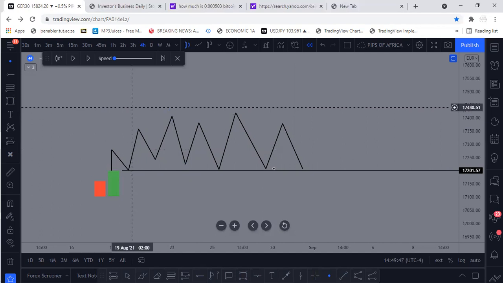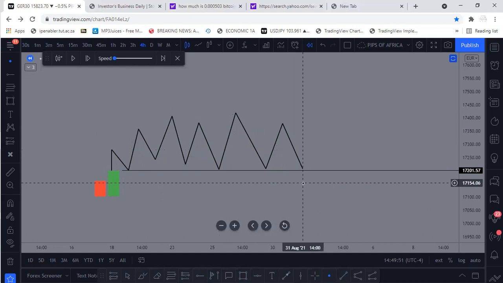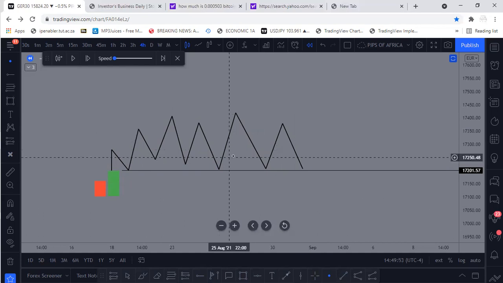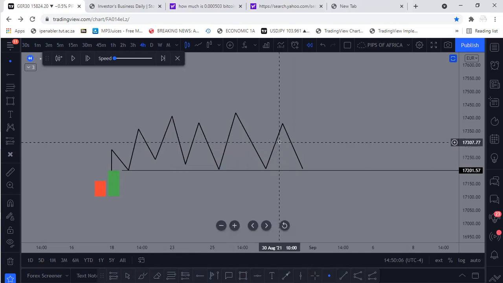You see, before the New York session, you will see the market start to range like this. Before London session too, because those are the two volatile sessions, London and New York. So before they kickstart, the market will be ranging like this, introducing liquidity above and below.